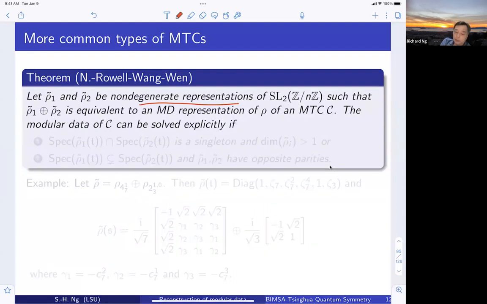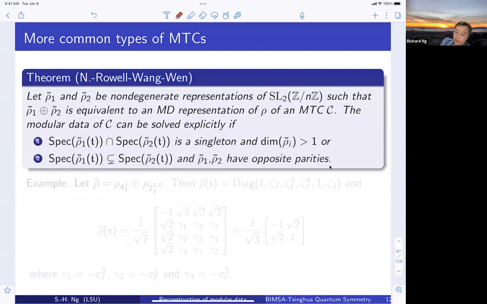Then we can actually write down the modular data for this case, if the intersection of these spectra is just one element, and the dimension of rho_i has to be bigger than 1. Or the other case is we can completely solve the modular data. Well, they may not be modular data, but we can write down the corresponding MTC representation for these cases.